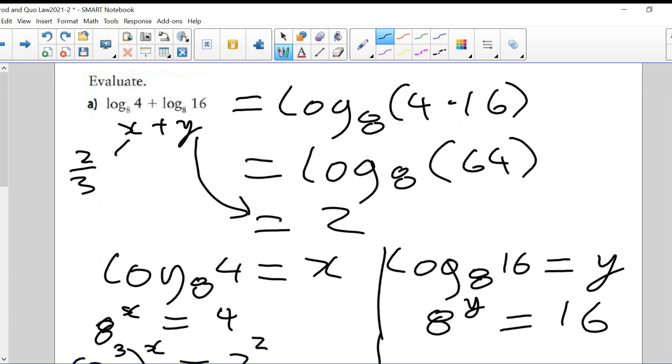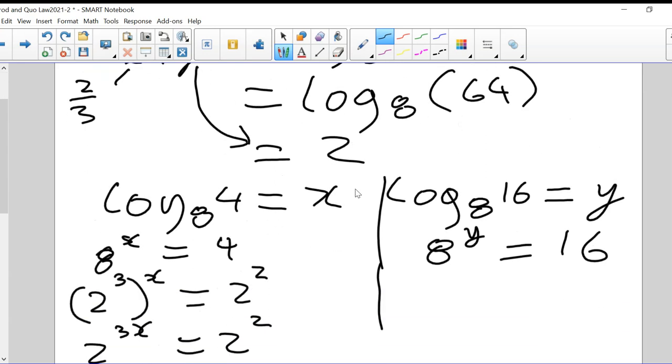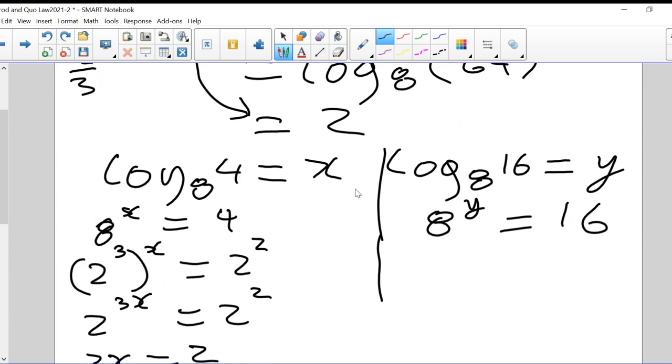All right. So let's now figure out what y is. Do the same thing over here. What base can I use? Well, we just did this a few minutes ago for 8. We said that this was 2 to the power of 3. So 2 to the power of 3 to the power of y. Is there a way for me to express the 16? Thank you, Axa. Thank you, Emily.